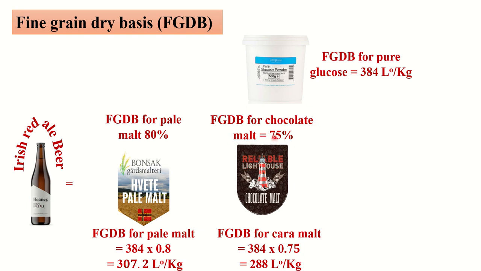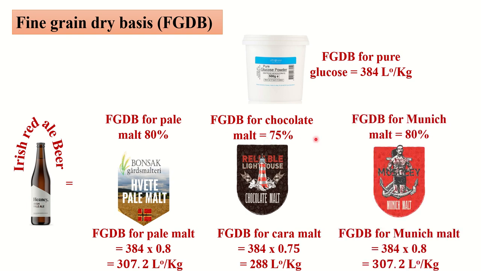That's what actually brings the brown color, but some sugars have got spoiled, or caramelized, whereby the extractability value also drops down from 80 to 75 percent. However, for the Munich malt, we can see that the extractability is once again retained at 80 percent, and once you multiply this 0.8 with the pure glucose, you get 307.2 liter degree per kg.